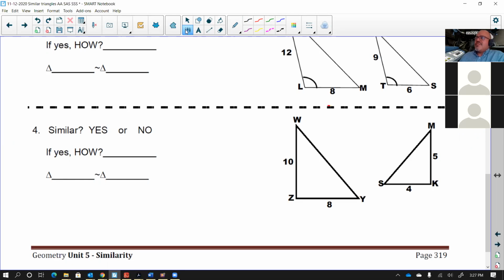So I'm going to assume that they're not right triangles. Z could be 89 degrees, K could be 91 degrees, and that looks very close to a right angle. I'm going to tell you right now, as it stands, these are not right triangles until they're proven otherwise.